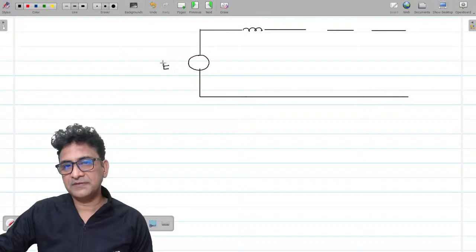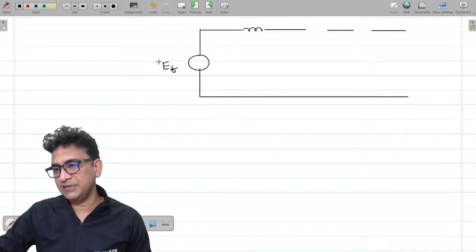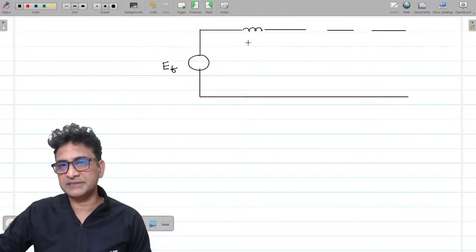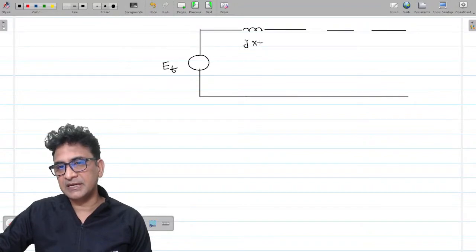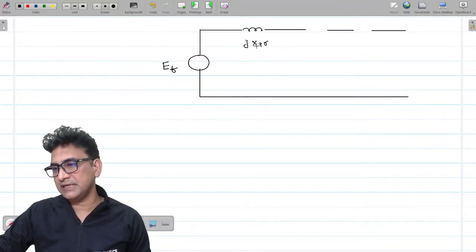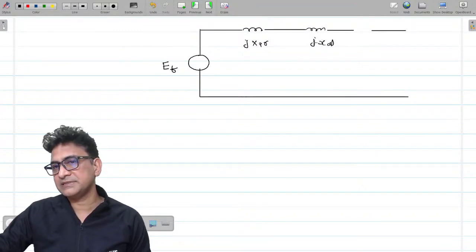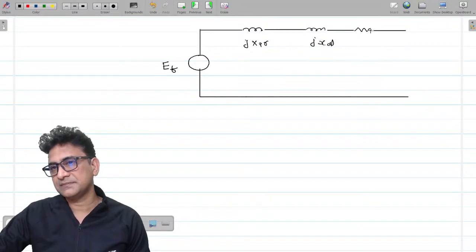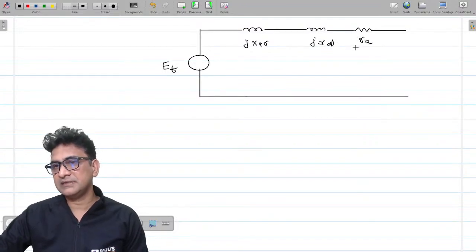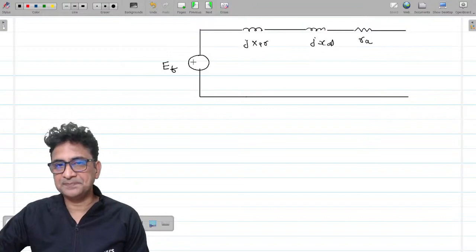Ef is called the excitation voltage or induced EMF at the time of no load condition. XAR means the armature reaction reactance or the magnetizing reactance. jXAL is the leakage reactance of the armature, and this is the resistance of the armature winding.